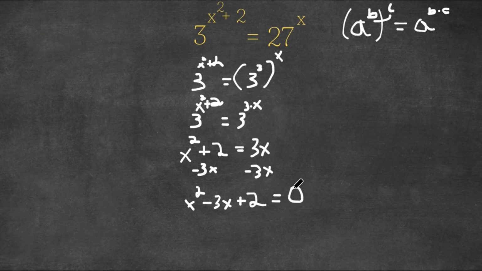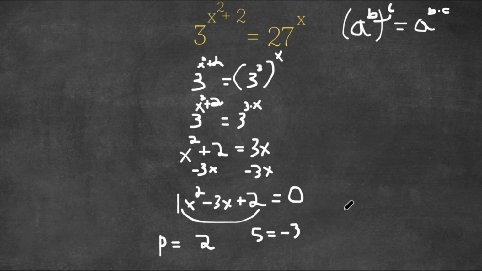So now what we're going to do is factor this equation. So we're going to multiply a and c, and we have b here. So a is 1, so 1 times c is 2. So our product, p, is 2, and our sum is -3. So we have to figure out what two numbers multiply to get 2 and add up to get -3.